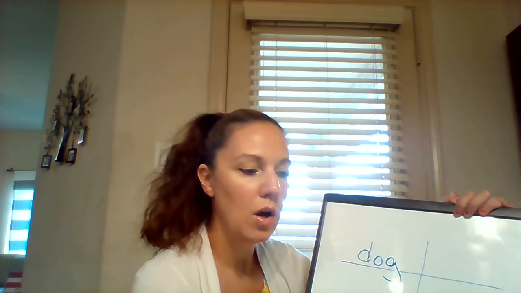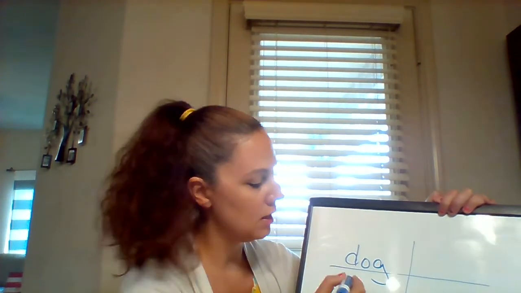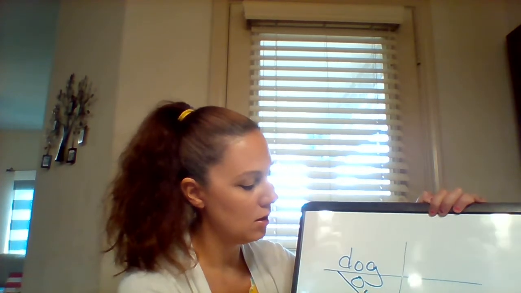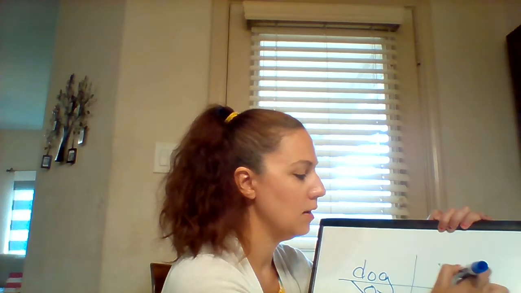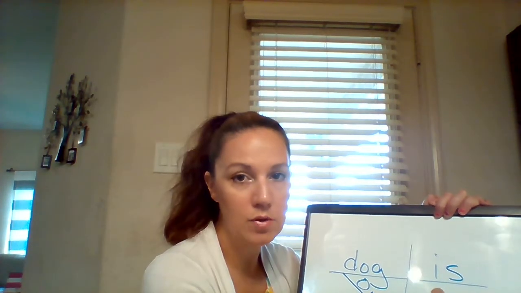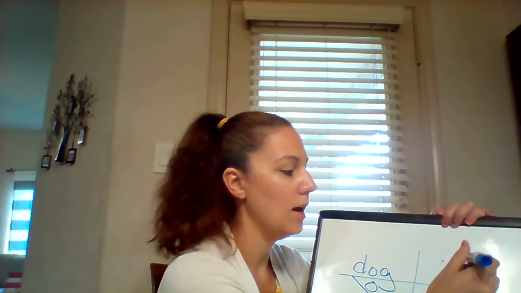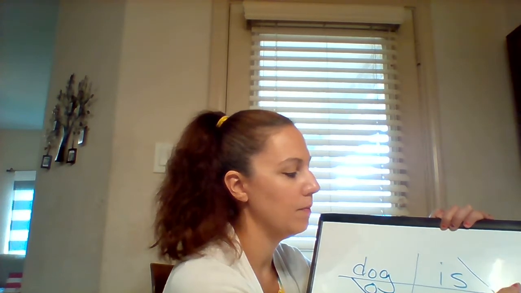The next example is our dog is friendly and smart. It's a little shorter sentence for us. So my subject is dog. Our describes whose dog it is, so I'm going to put it underneath. Is is my predicate, which is a linking verb, so I can't just leave it as is. I have to add a subject complement.